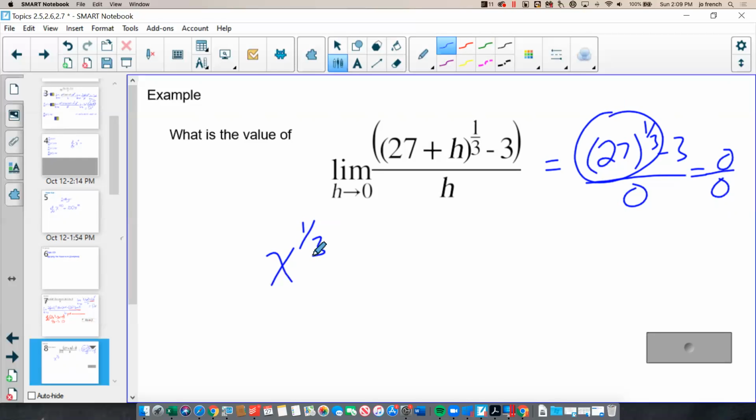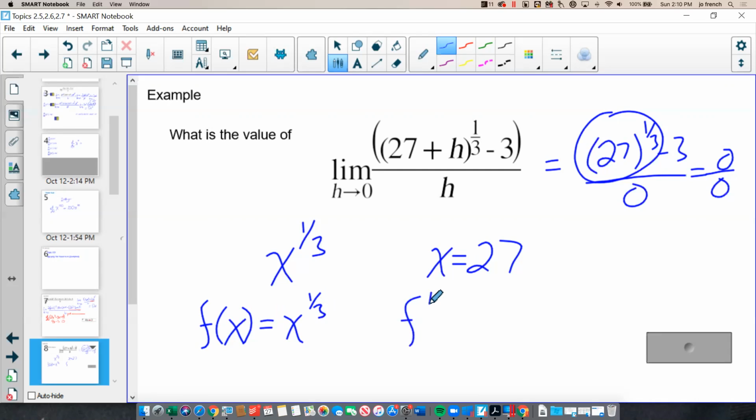And then we're looking at a specific number when x equals 27. So my f of x will be this expression x to the 1/3. And then I am trying to find what the value of my derivative is when x is 27, based on the expression given to me.